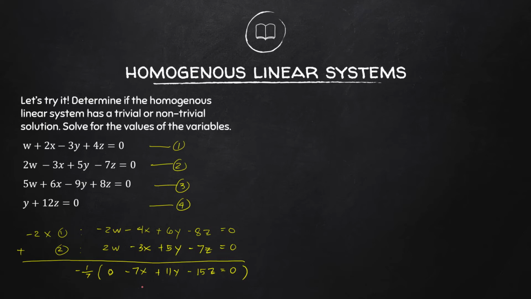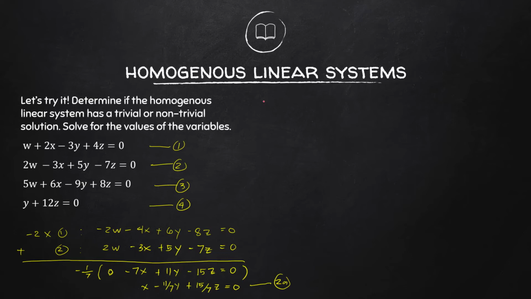And we will have now x minus 11 over 7 y plus 15 over 7 z, and this is equal to 0. So let's call this equation 2a.